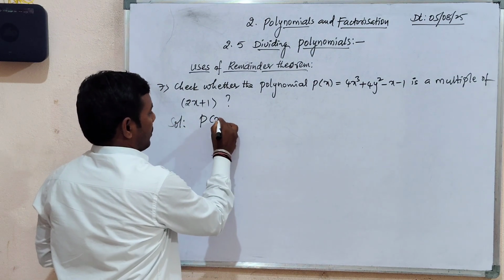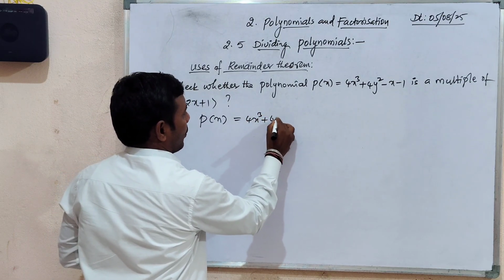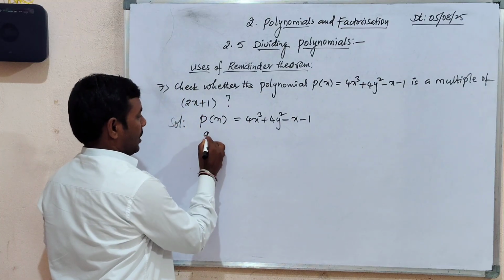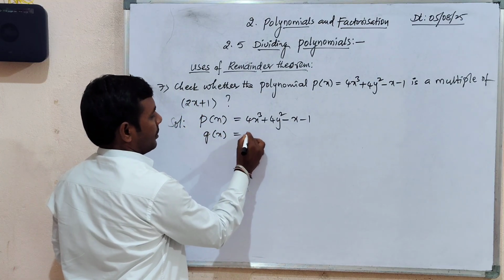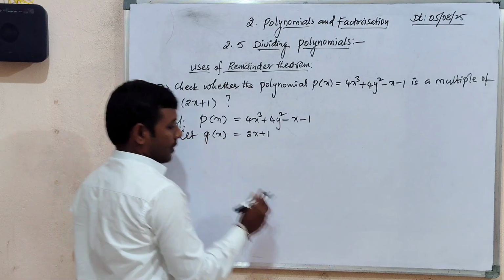P of x is equal to 4x cube plus 4x square minus x minus 1. Now g of x is equal to 2x plus 1.